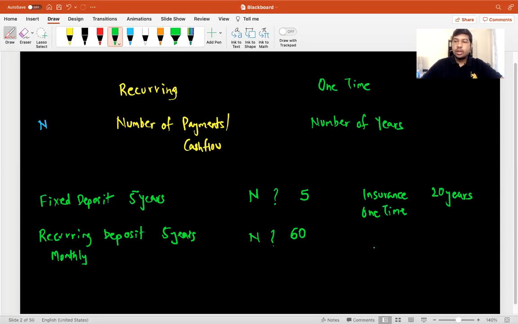On the other hand, let's say you are paying a loan EMI for a period of 4 years. Tell me what will be n. In case of insurance premium, which is paid one time, what will be n? In case of loan EMI paid for 4 years, what will be n? Put your answer in the chat box, please, everyone.